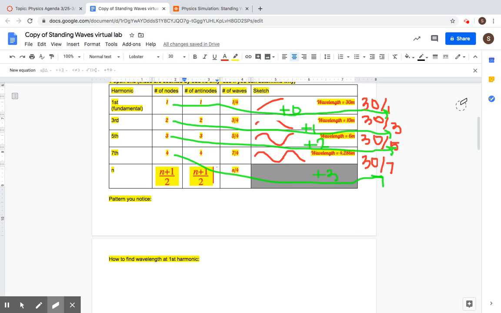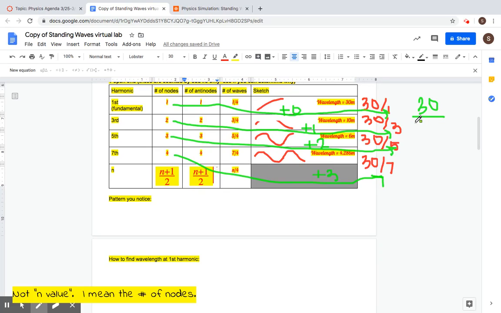Okay, so from there, I knew that my equation would eventually be 30 divided by some number, and if I took my n value and added it to n minus 1, which would give me, for the first harmonic, 0, I would actually get that value.